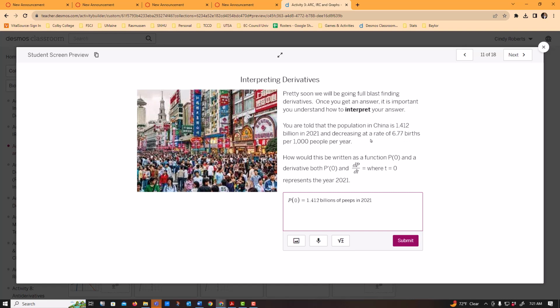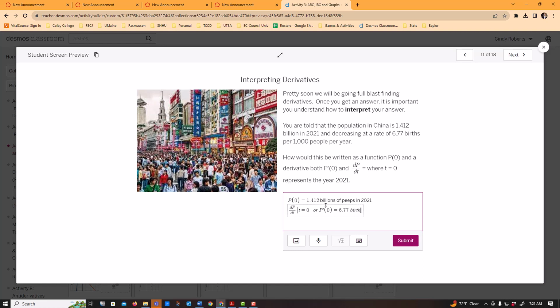Now it says it's decreasing at a rate, so if this is a rate, this is the change in population over the change in time, and this is at, which is, you can draw a straight up and down sign, you'll see I kind of do that, or you can do P prime of 0 is 6.77 births per 1,000 people per year.